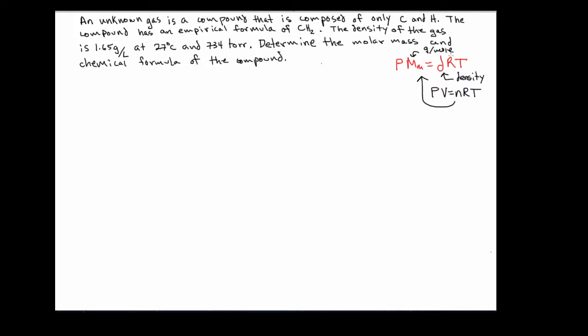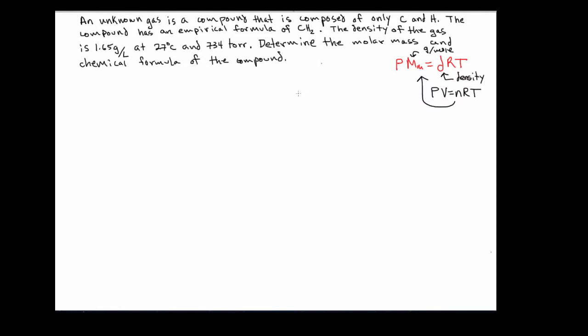All right, so now we're going to use this relationship to solve a problem. Perhaps the classic problem is one that combines utilizing the gas law to find a molar mass with empirical formula. So let's take a look and see what the challenge is here. The question goes something like this.